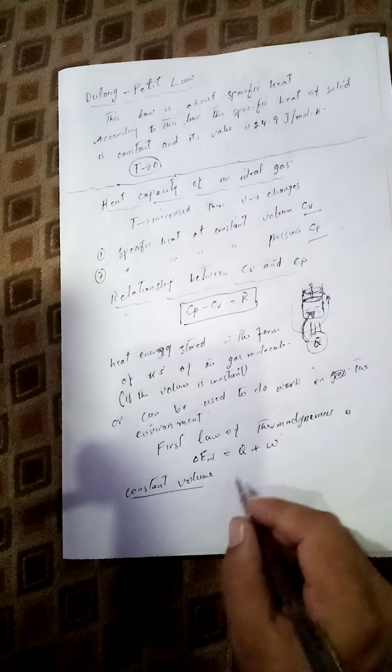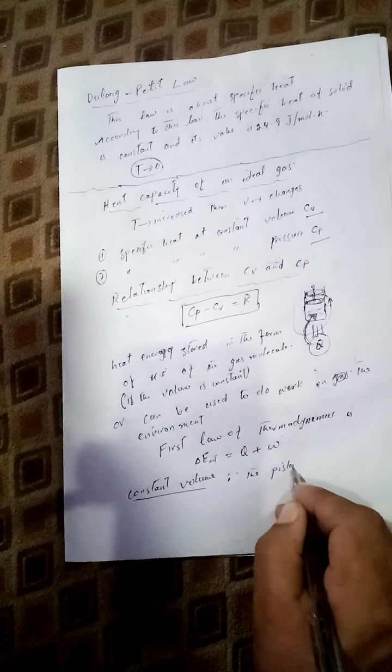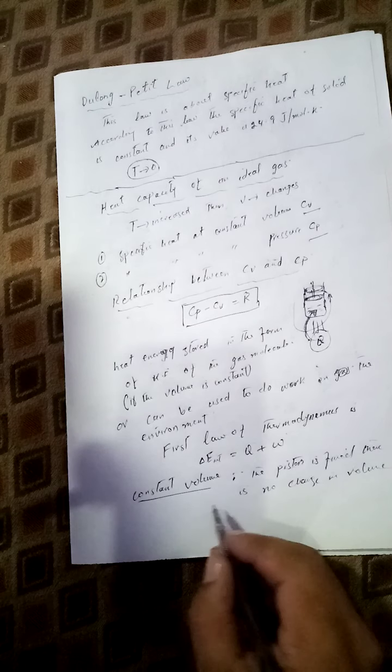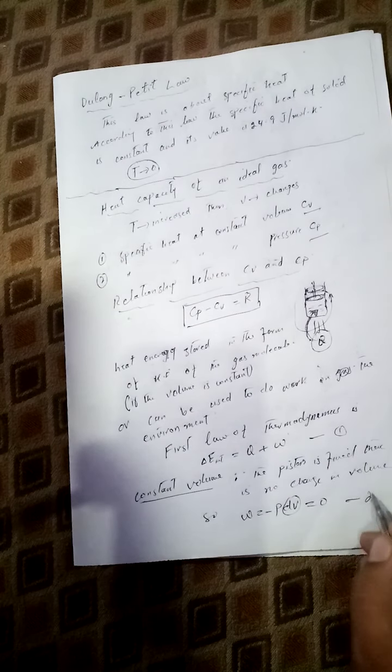At constant volume, the piston is fixed. If piston is fixed, there is no change in volume. So the work done, which is defined as minus P dV, will be equal to 0 because this change in volume is 0. This is equation 2.